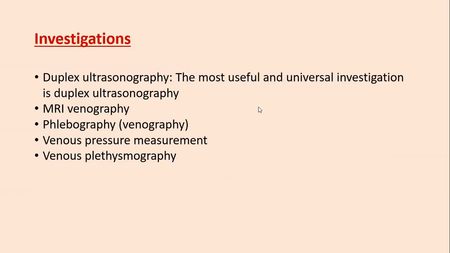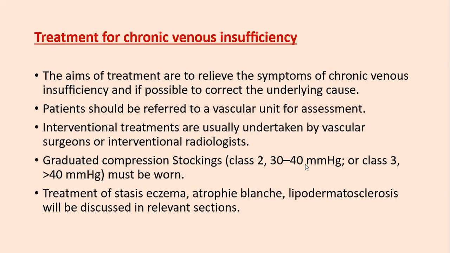Investigation: again, the duplex ultrasound, MRI venography, phlebography or venography, then venous pressure measurement, and venous plethysmography. Treatment: the aim of treatment is to relieve the symptoms of chronic venous insufficiency and possibly correct the underlying cause. Patients should be referred to a vascular unit for assessment.